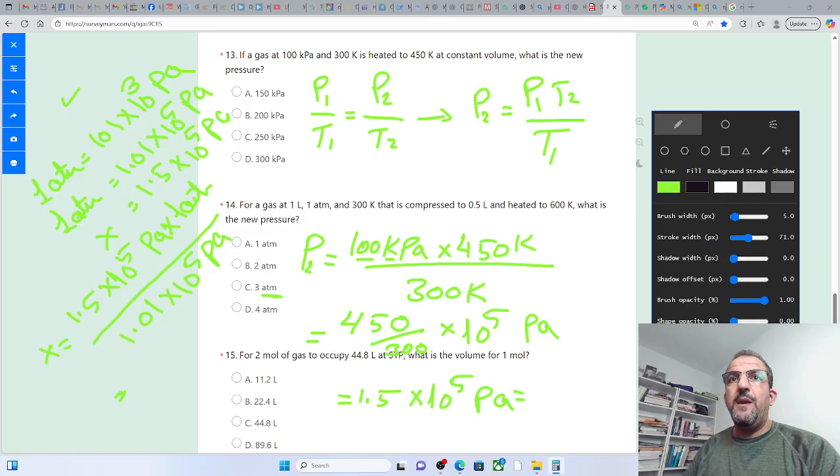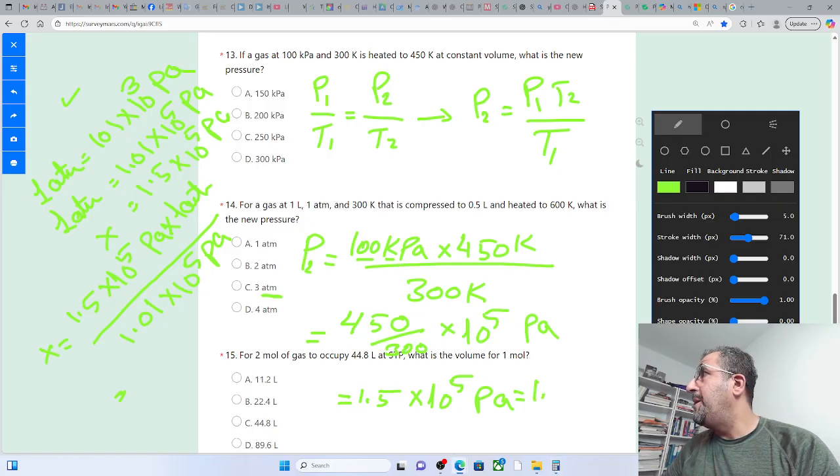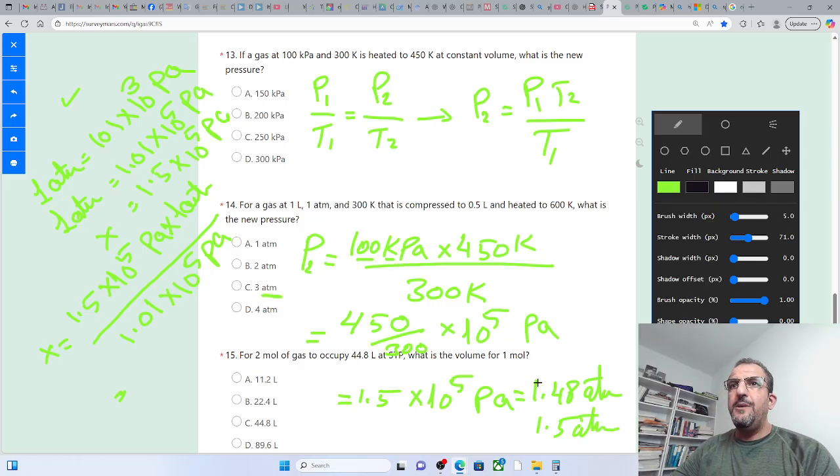So that gives me here 1.48 atmosphere, which is close to 1.5 atmosphere. Okay, so you can see now the closest number is 2. So it is 1.5. So that's going to give you 2 atmosphere, guys.